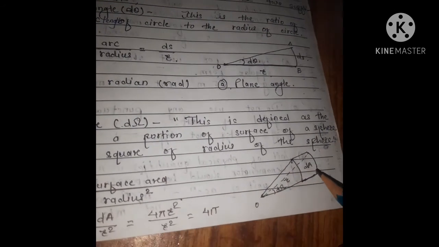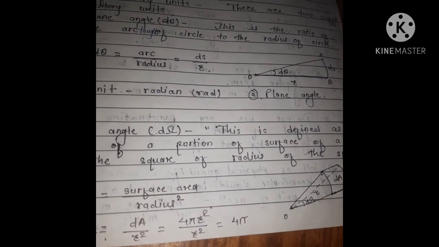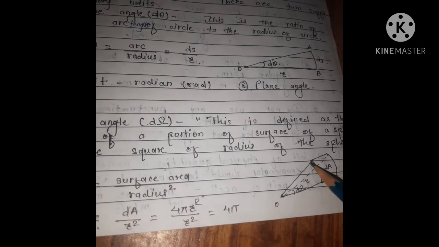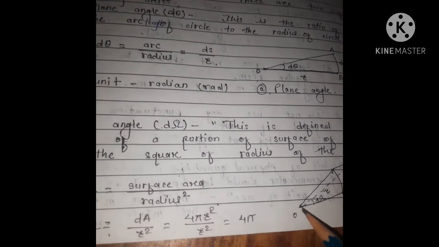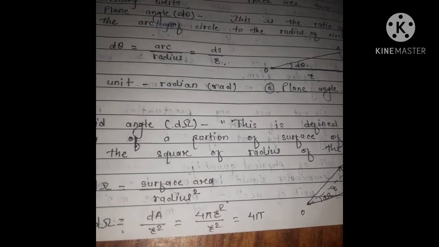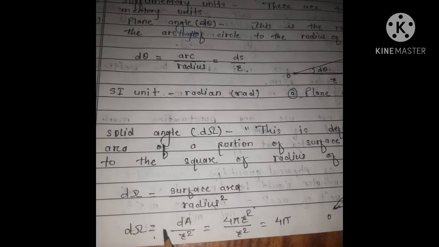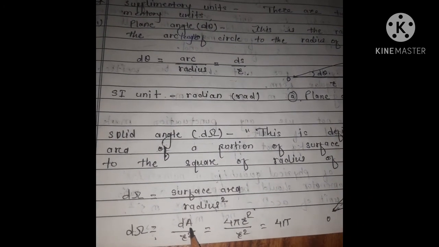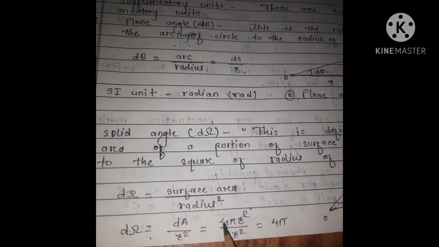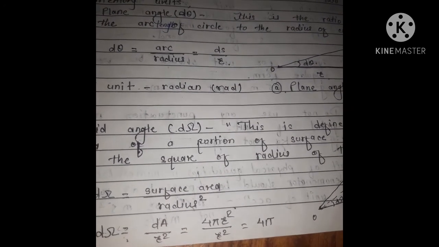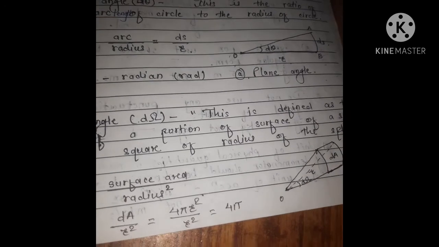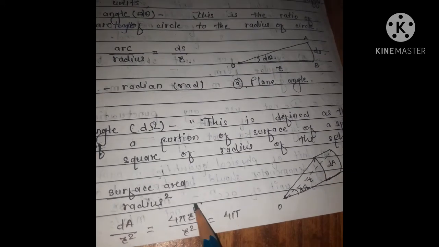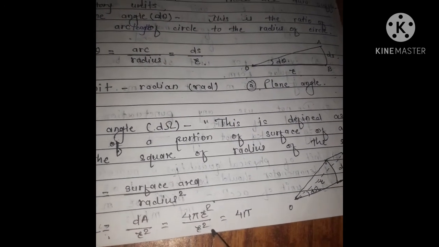Therefore surface area is suppose this dA and radius is small r. Therefore solid angle is equal to dA by r square, and area of this spherical surface is 4 pi r square divided by r square.